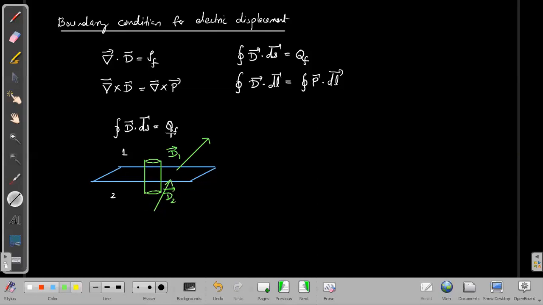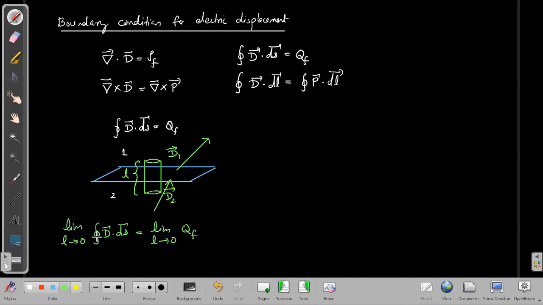Now just apply this equation. I will assume the length of the cylinder is very small. When applying this Gauss's law, I will use the limit L tends to 0 of the closed integral D dot ds equal to the limit L tends to 0 of QF.